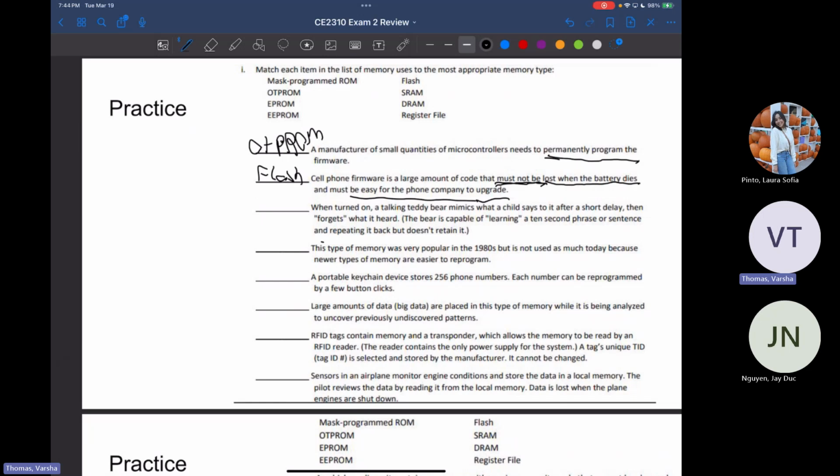It indicates that when the power is turned off, memory will not be stored, and it looks to me like it is SRAM because SRAM cannot store much memory, and this one can only hold a phrase for 10 seconds. So we'll start with SRAM.